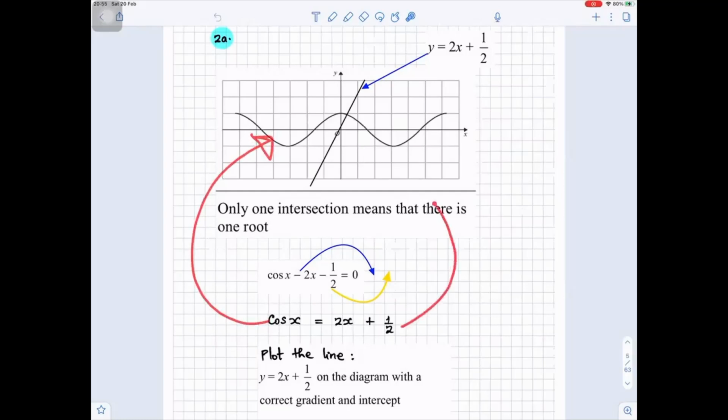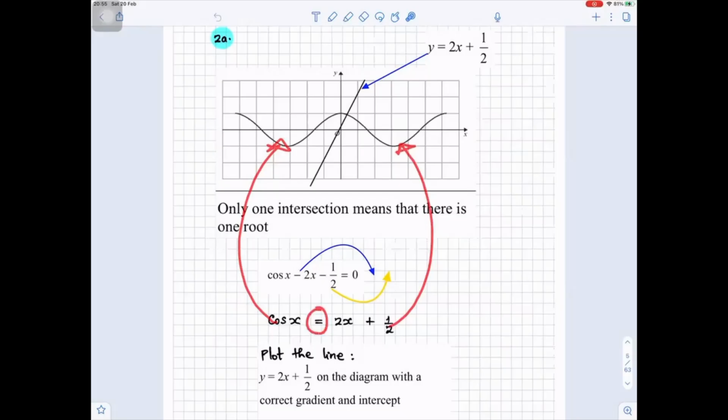On the right is the line 2x plus a half, which is that line there. Because they're equal, you want to find where the graph and the line meet. They meet there, and they only meet at one point. So that means there's only one intersection and there's one root.